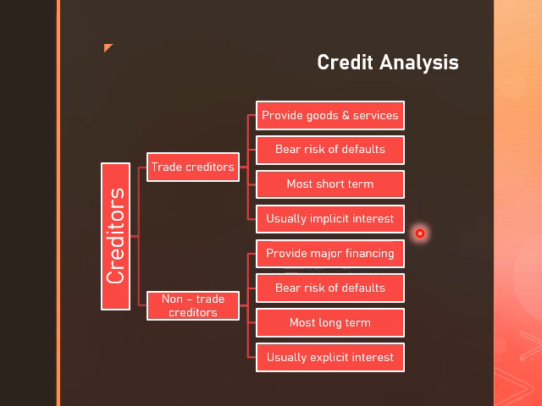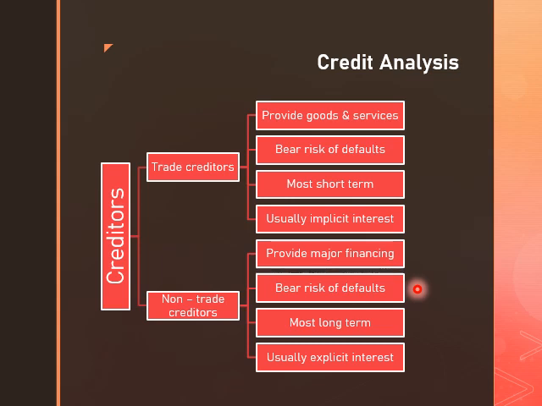Okay. Untuk non-trade creditor, it provide major financing. Okay, untuk financing the business. Biasanya long term. Okay, this one dia long term. And of course, untuk non-trade creditor, dia bear the risk of default juga. Okay, whereby there are chances that business are not able to pay back dia punya debt kepada the creditor.